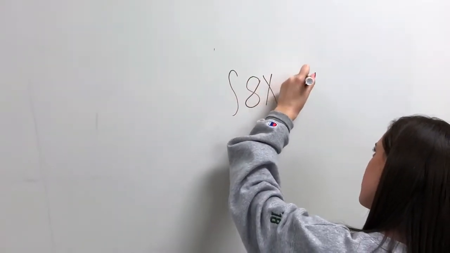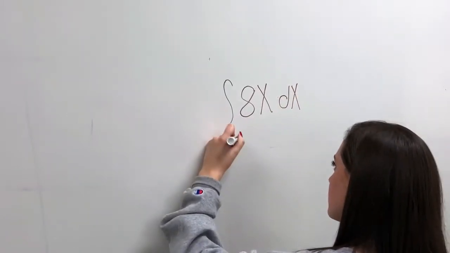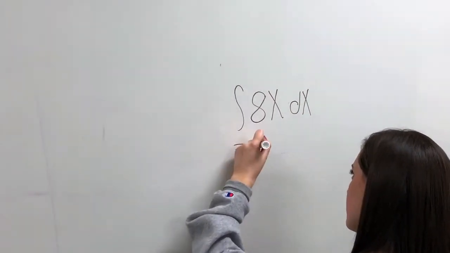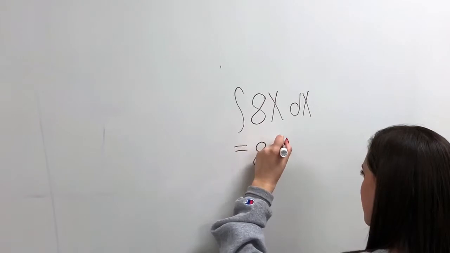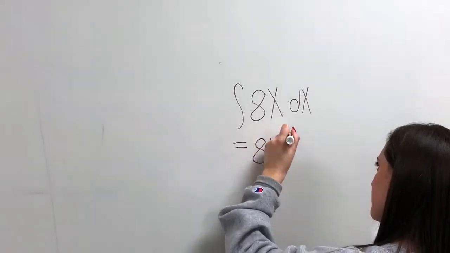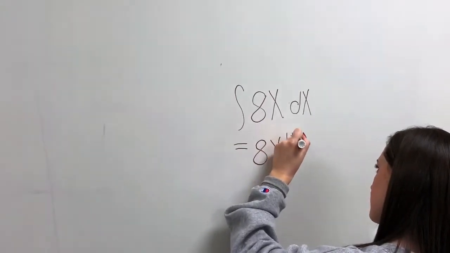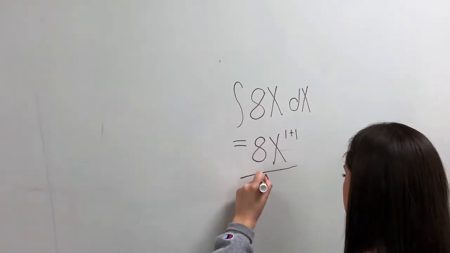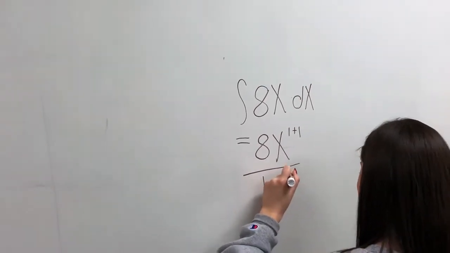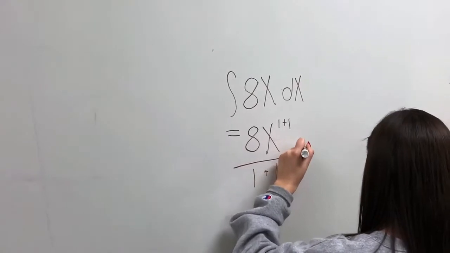Because this one's a little different, we're going to break it down a little more. So focusing on the x, we increase the power by 1. Since technically it's x to the first power, we do x to the first power plus 1 over 1 plus 1 plus c.